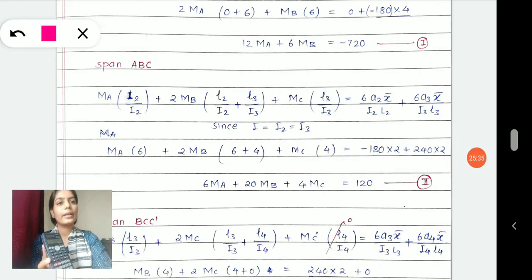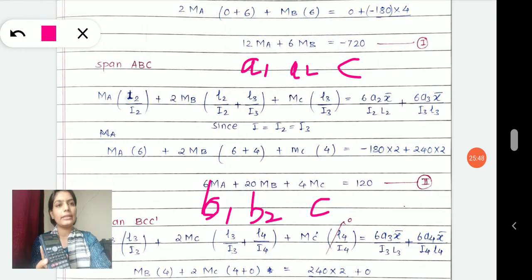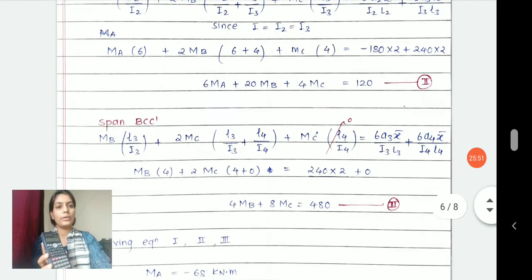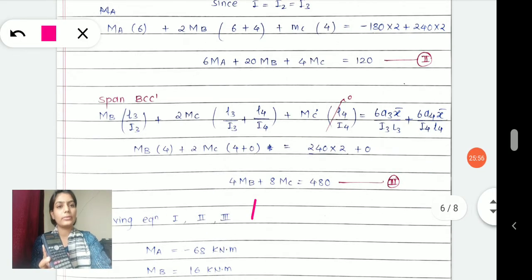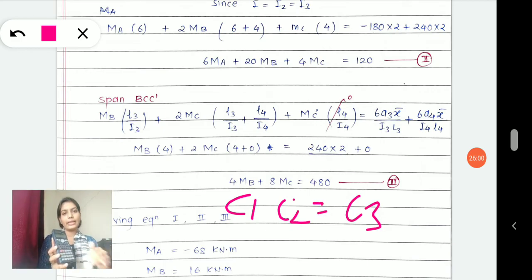See, A1, A2 and the constant, then B1, B2 and the constant, and similarly in the third equation you have C1, C2 and the constant C3 here. Namings will be different.